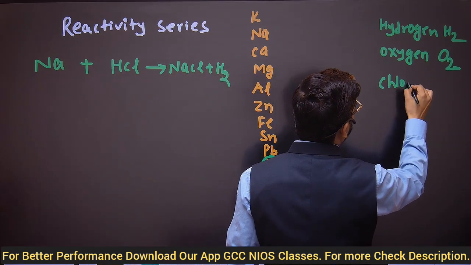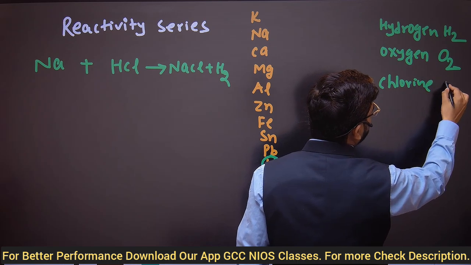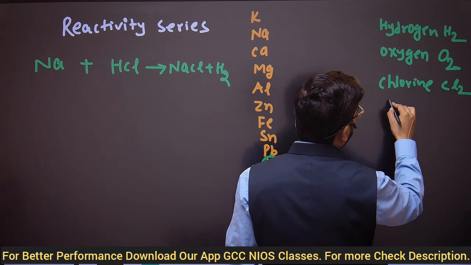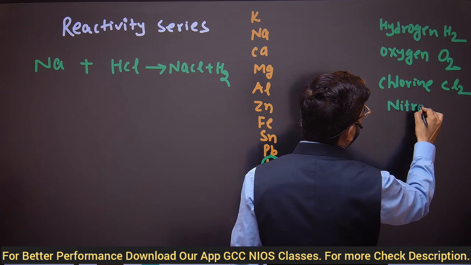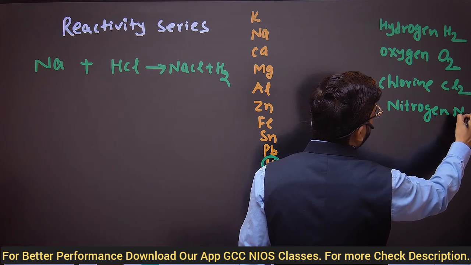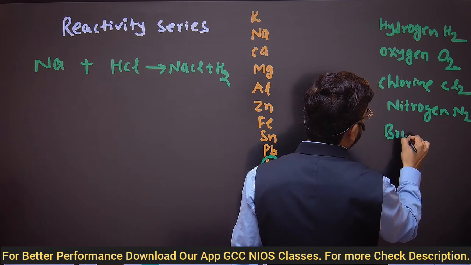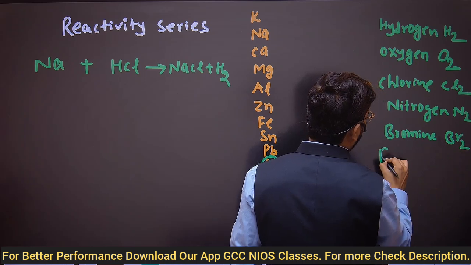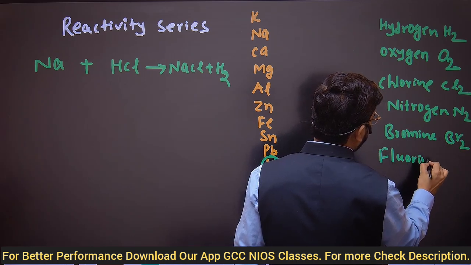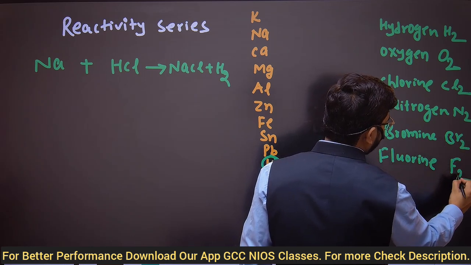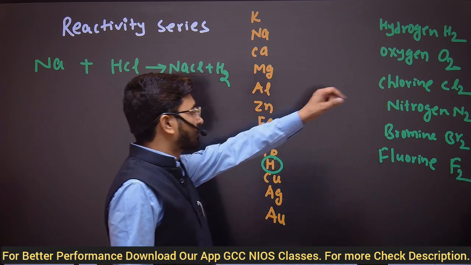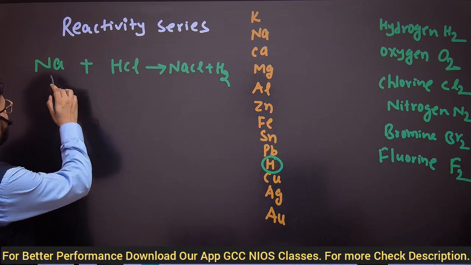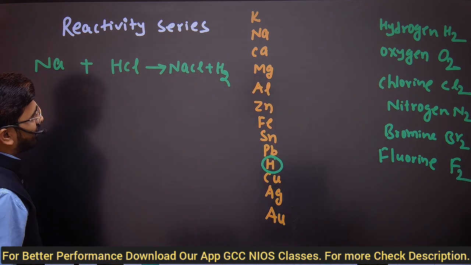Chlorine, when you write it in chemical reactions, is Cl2, nitrogen N2, bromine Br2, fluorine F2. Mind it. Here NaCl is written.